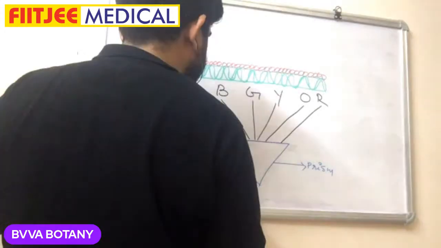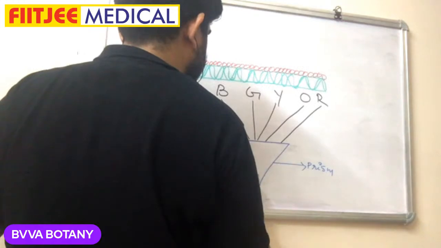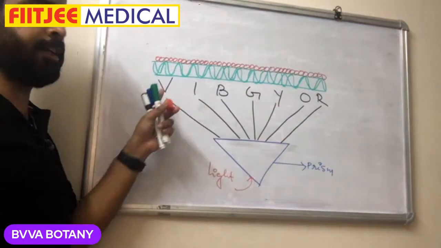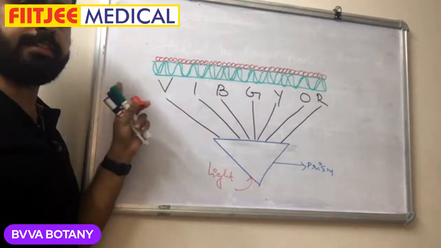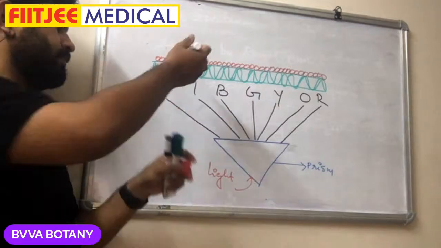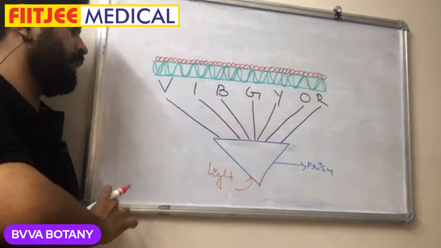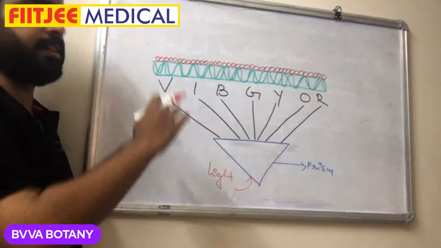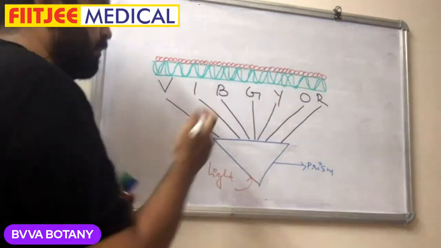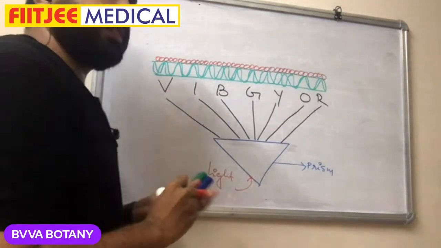Okay, light was given. After some time, using this light, they performed photosynthesis, and as a result oxygen is released as a byproduct. That oxygen was found to be more in the blue and red regions.